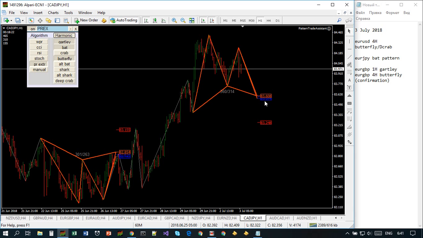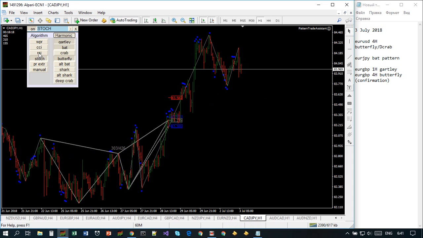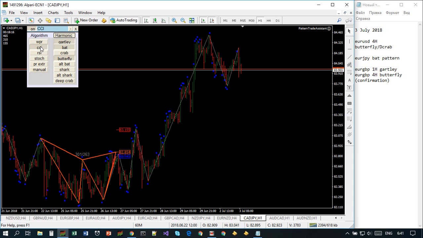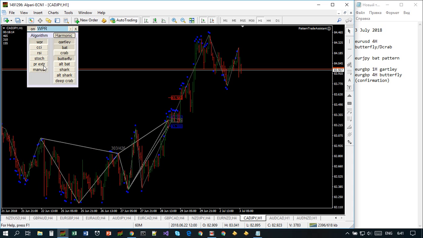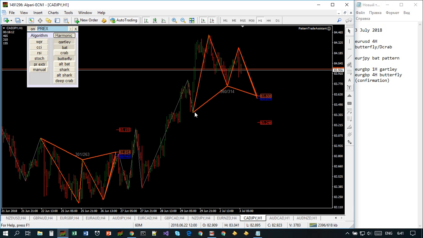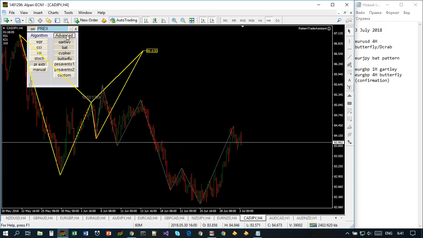Canada yen potential Gartley pattern. Okay, Canadian yen, see this Gartley pattern on 1 hour. Let us see if it is an obvious one. No, this starting point is not an obvious one. Okay, and 4 hour have nothing.